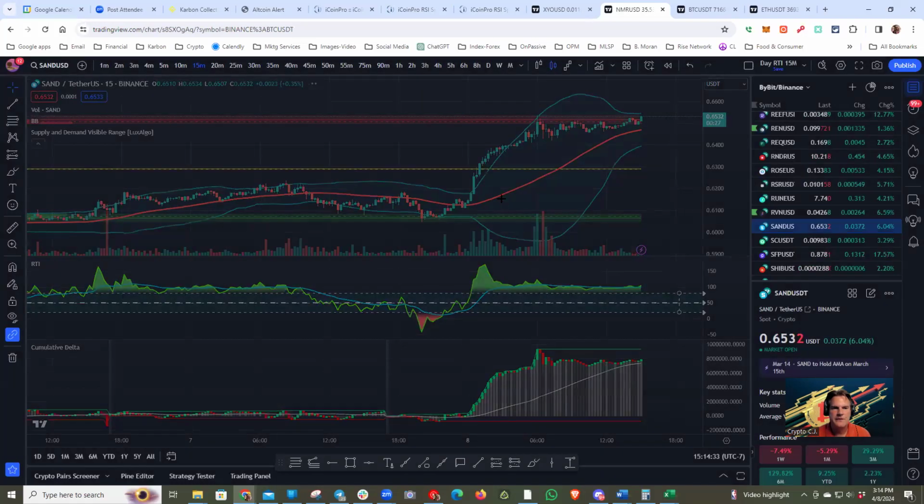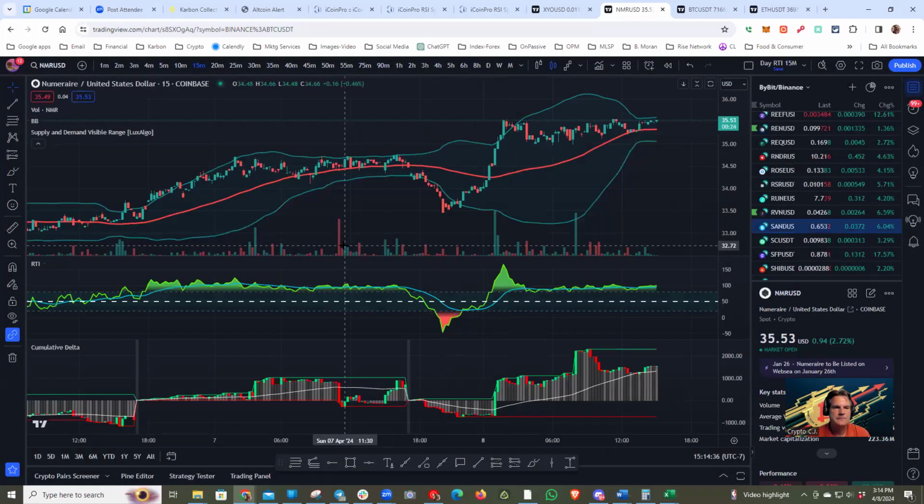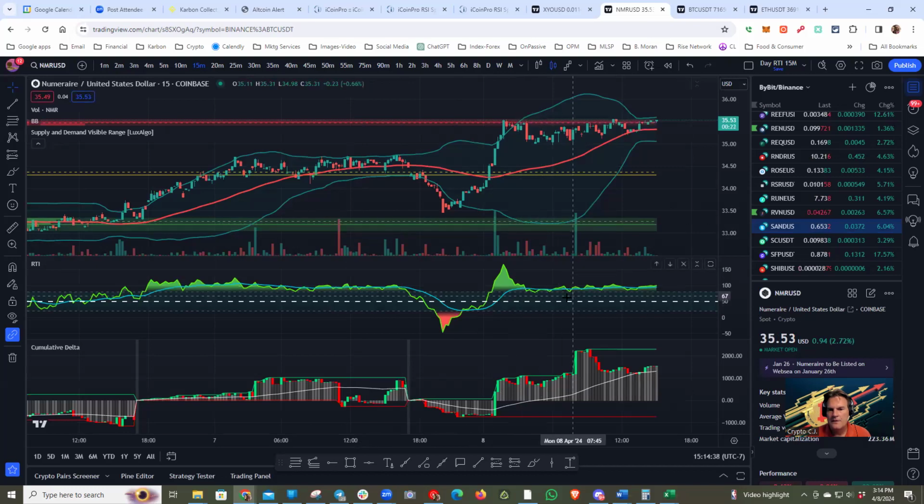And Coinbase comes up first, so I don't really need to sort anything. And this has been hovering above the 80 on the RTI, which is, as you know, one of my favorite indicators. We are in the red zone on support and resistance on the 15-minute chart.